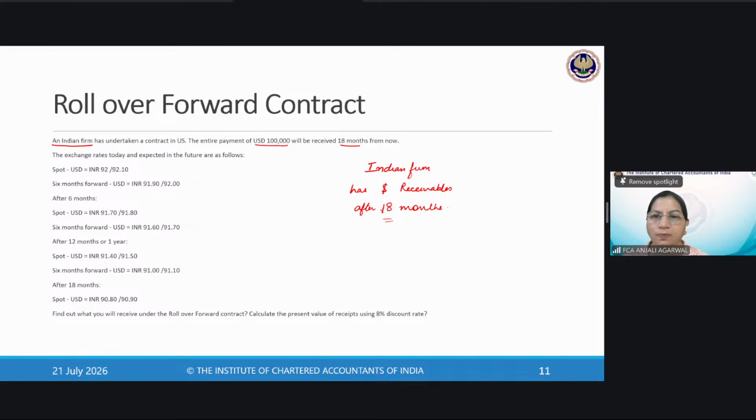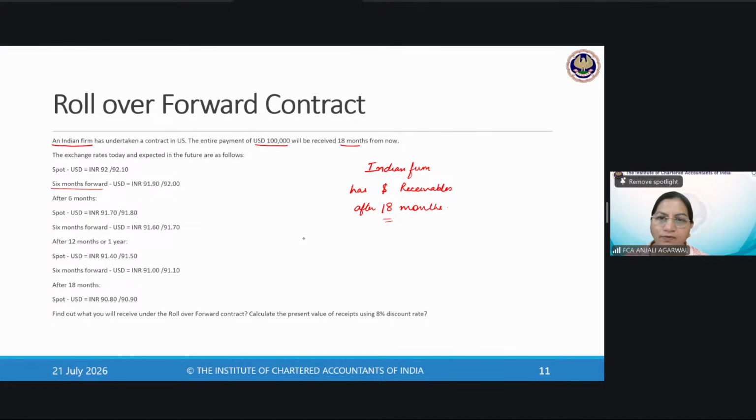So what will you do? You will look at how much period the forward contracts are available. It's 6 months. So you will keep on entering a 6 months forward contract till 1 year.